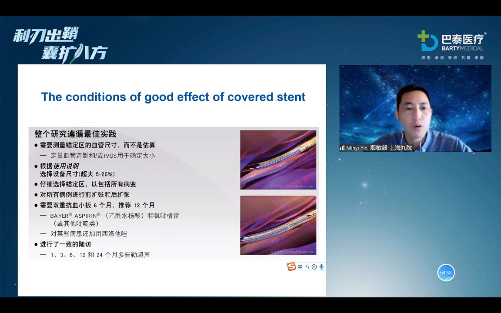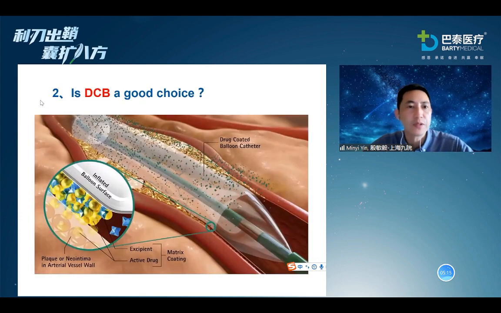It was also oversized by 20%, with pre-dilation, post-dilation, and 6 to 12 months of dual antiplatelet treatment. After all of those strategies, the mid to long-term patency is good. So there is this individualized treatment.